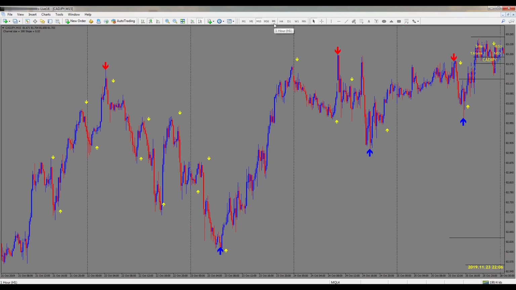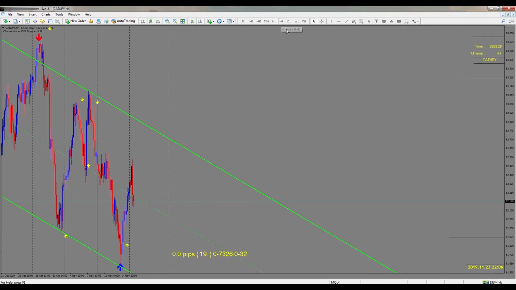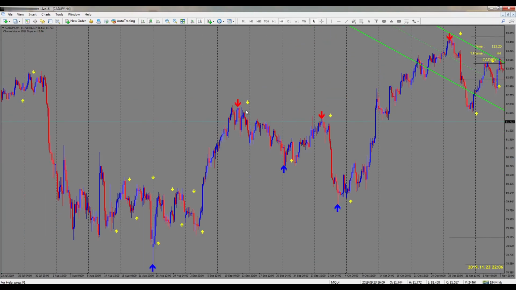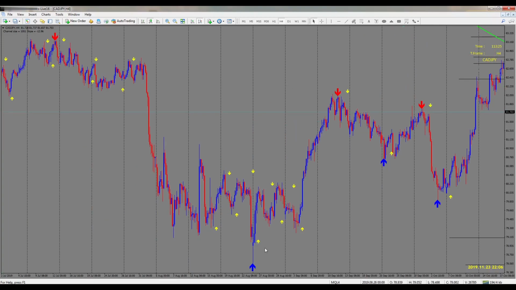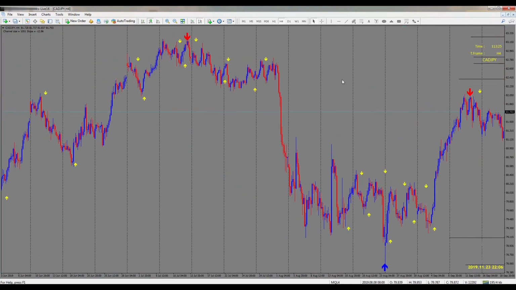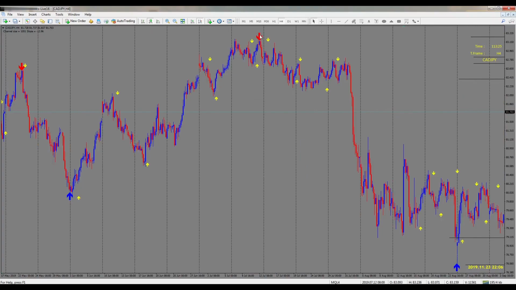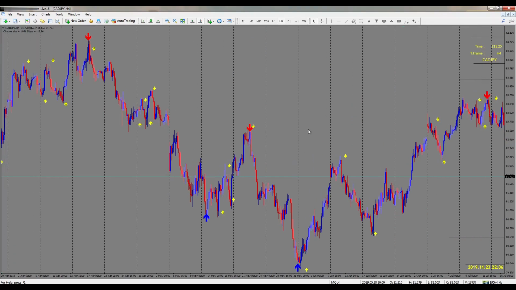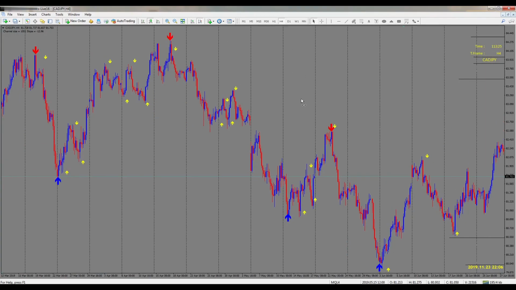Let's go to the 1 hour. Let's go to the 4 hour. As you can see, bearish signal, bullish signal, bullish, bullish. Like I said, it's not coming back to the big arrow. Bearish, drop, bearish, drop, bullish, rise.